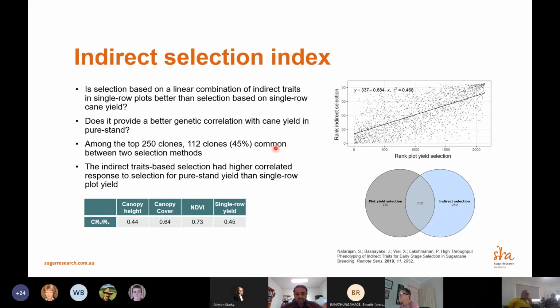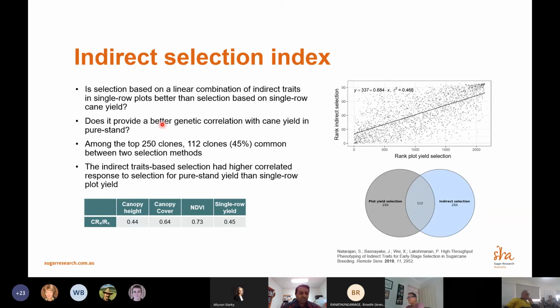Now the question is, which of these two selection methods is better? The correlated response to selection for pure stand cane yield was 0.73 for NDVI. That means they are 73% as effective as direct selection for pure stand cane yield, whereas for single row cane yield it was 45%, so it is only 45% as effective as direct selection for pure stand cane yield.